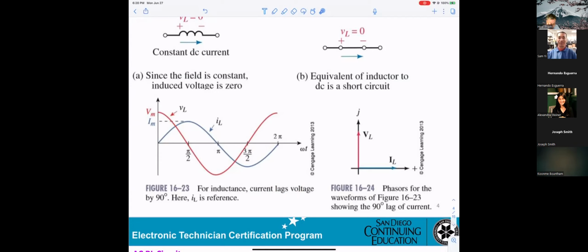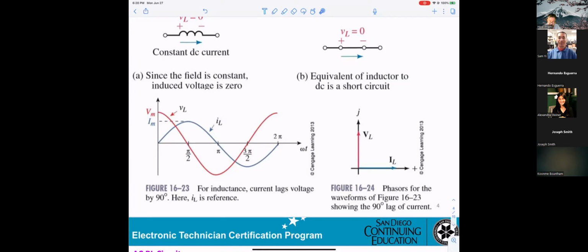You can see the red one is for VL, and this will be IL. VL goes 90 degrees before IL, so that's why VL leads IL by 90 degrees.